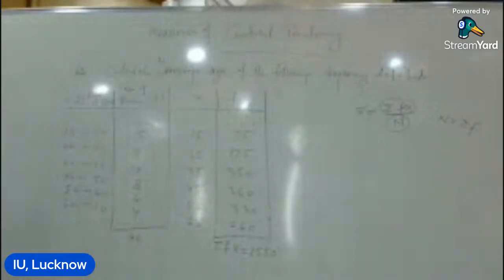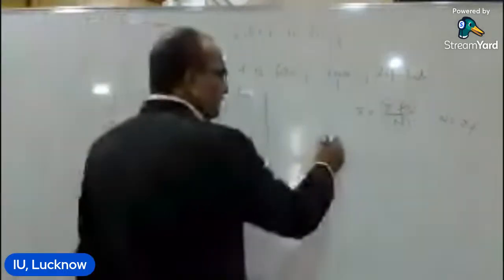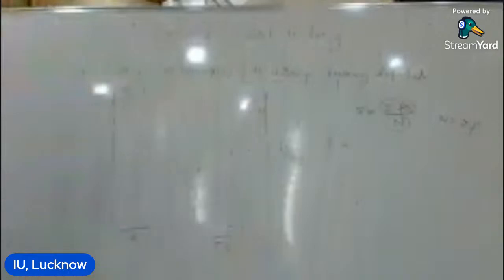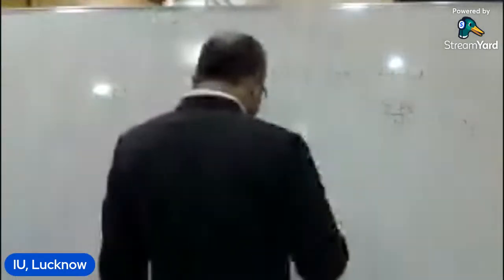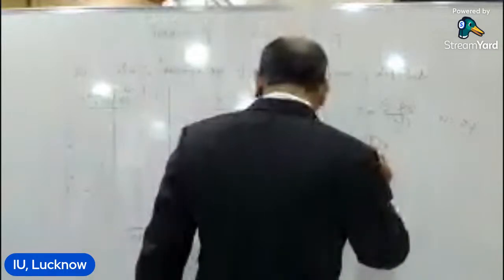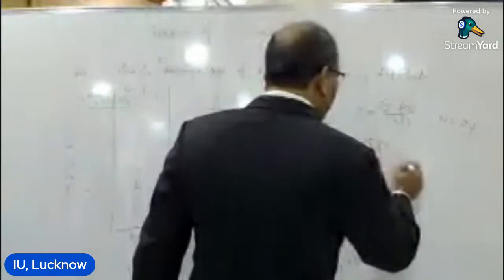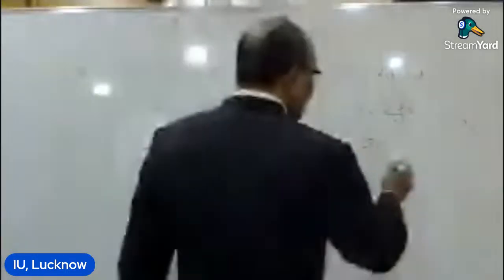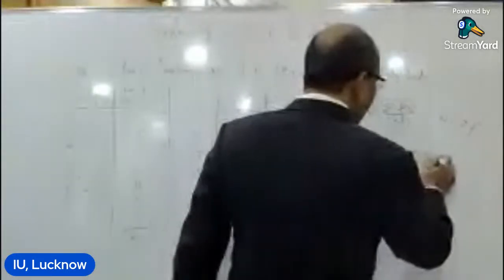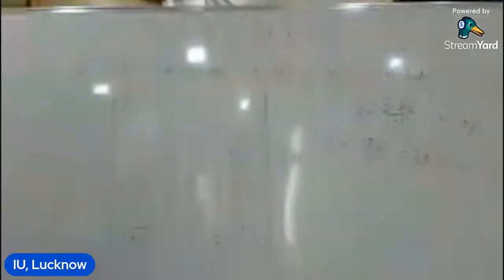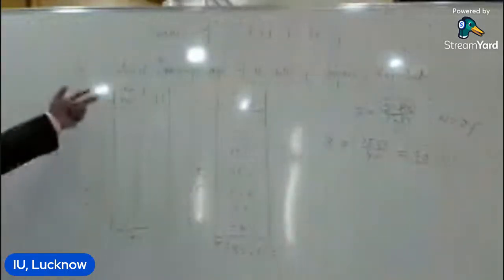Okay, now the arithmetic mean for the continuous series is summation fx divided by n, and this is 1550 divided by 40, and the value of this is 38.75. So this is the mean, the average age of this frequency distribution.